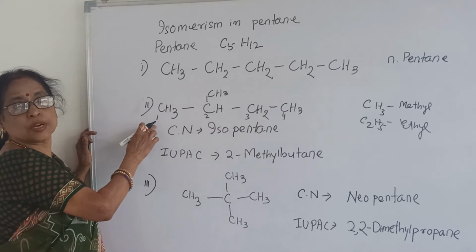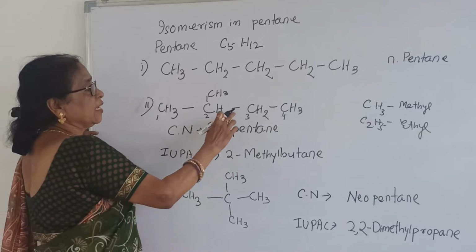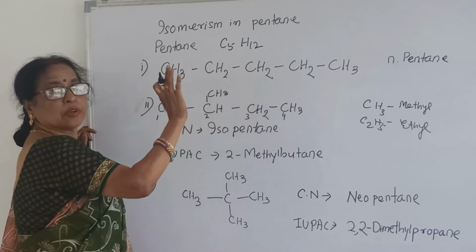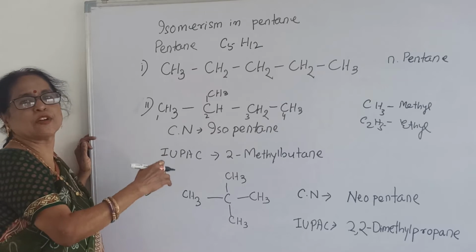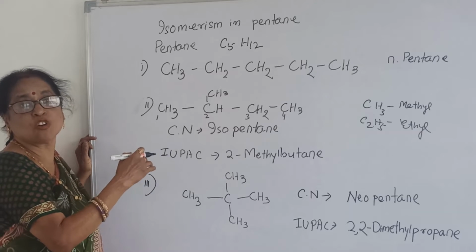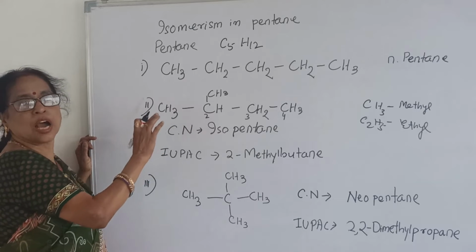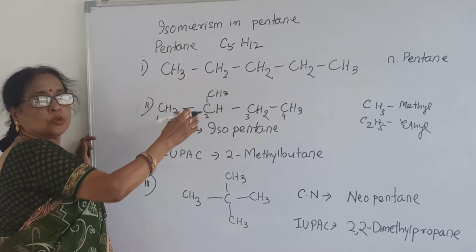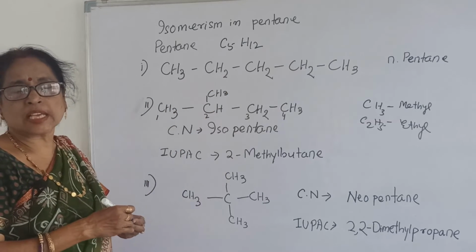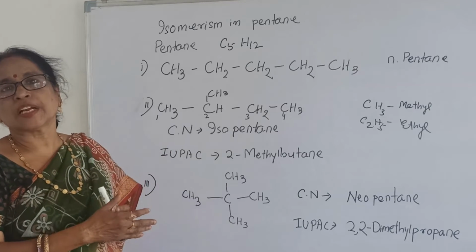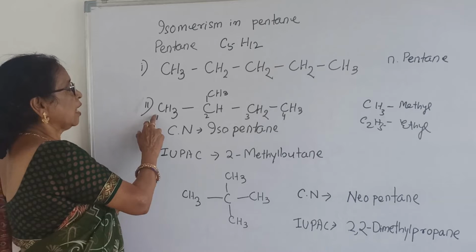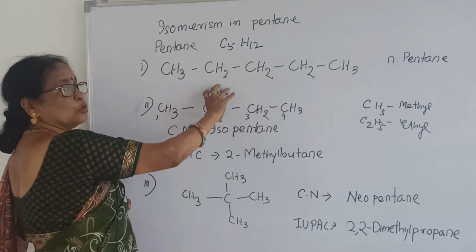This side is near to the end because there is only 1 carbon here and 1, 2 carbons there. So we will start counting from there: 1, 2. Are you clear? The side where the substituent group is nearer to the end is counted as number 1. 1, 2, 3, 4. So 2-methyl.